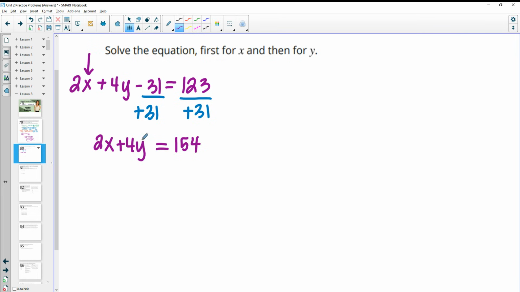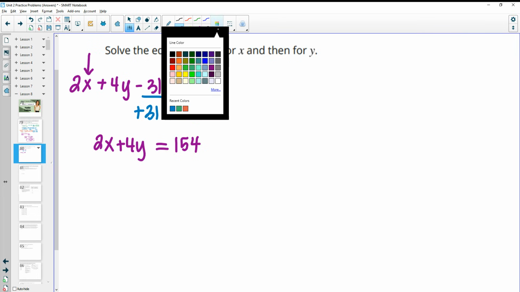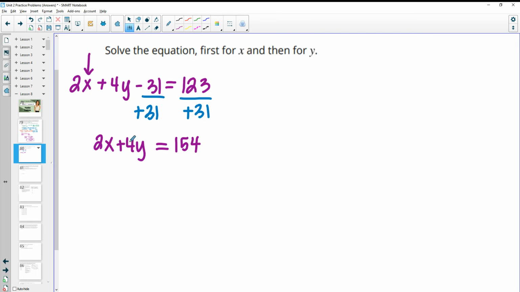Then we want to leave x by itself, so we want to move this 4y term to the other side. In order to get it off of the left side, we're going to subtract 4y so that it's 0. To keep the equation balanced, we do it to both sides. So then we get 2x plus 0 equals 154 minus 4y.